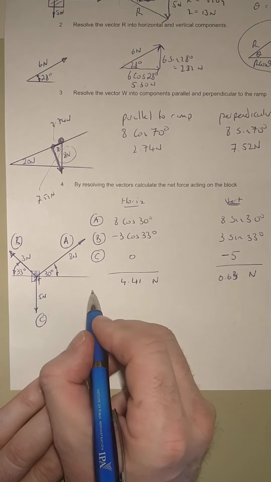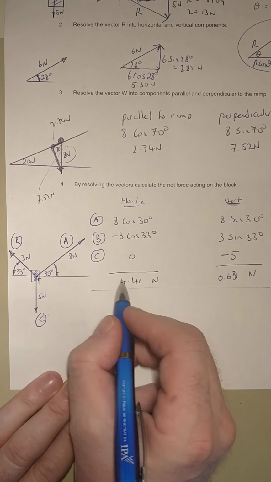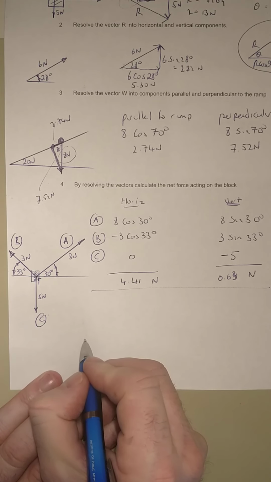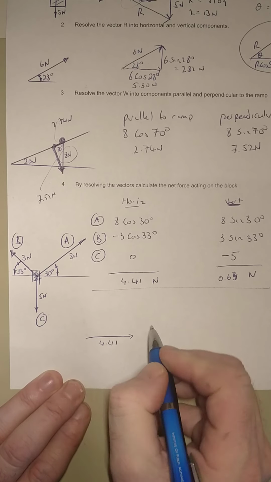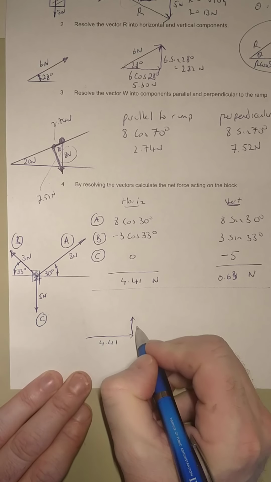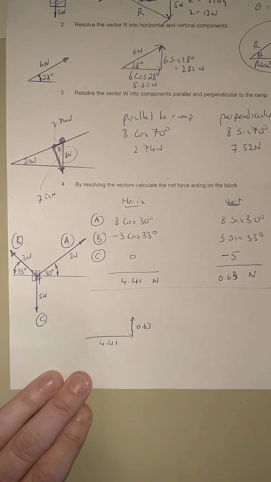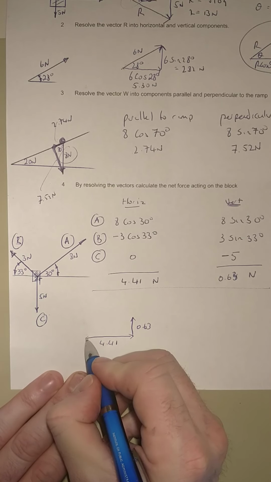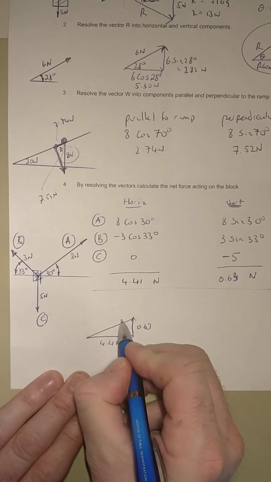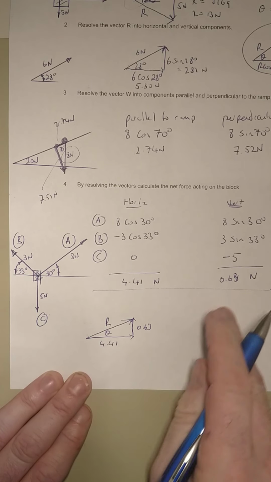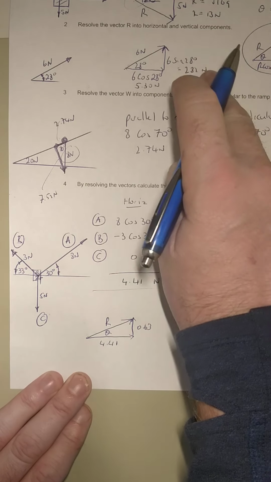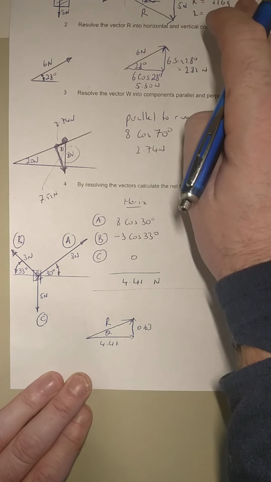So what you do then is we now have a horizontal component of 4.41, so we just draw that in. We have a vertical component of 0.63. We need to add the two of these together to get our final component. Put in our theta, put in our r, and we're back to this guy here.